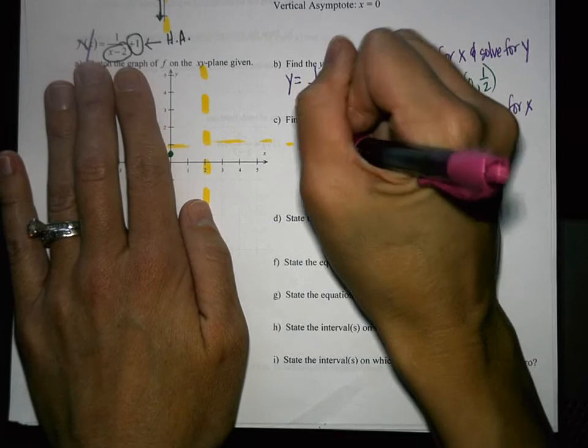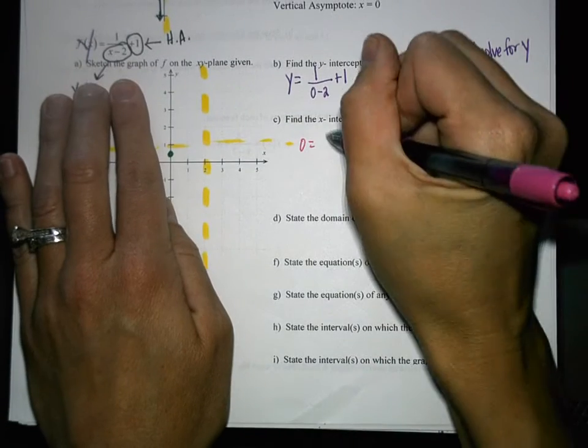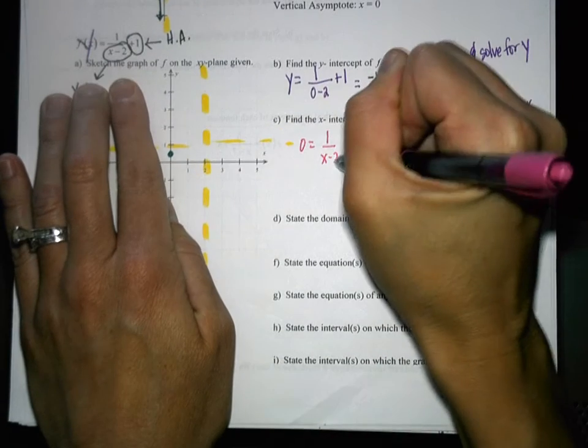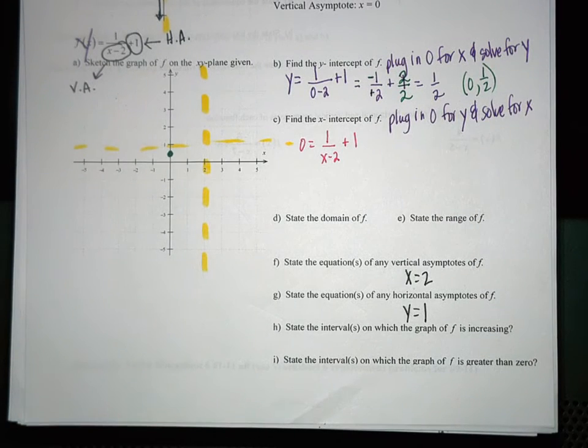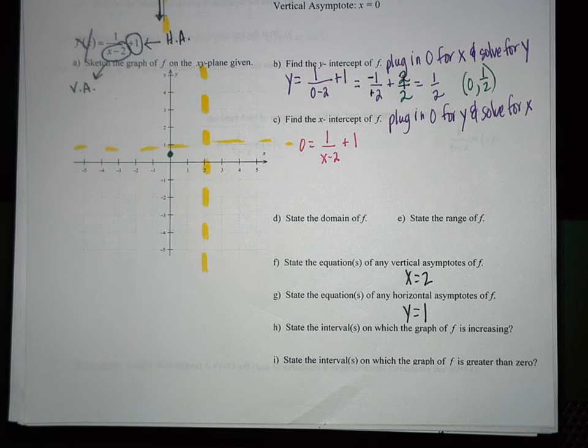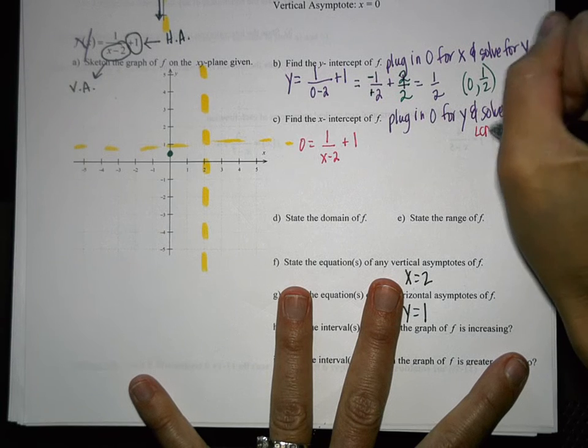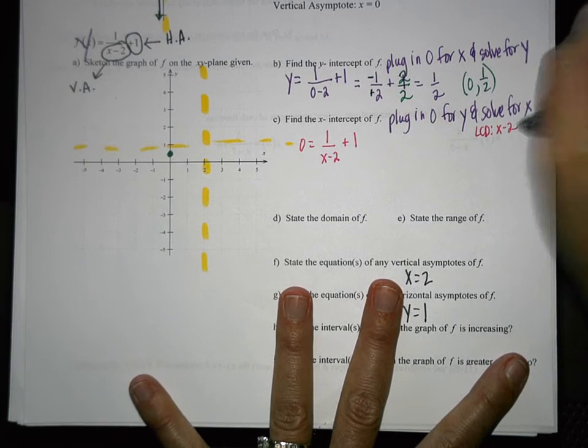Very good. 0 equals 1 over x minus 2, plus 1. Now, just like we've been doing this entire unit, we need to figure out what is our LCD, and because I have an equal sign, I can eliminate my fractions by multiplying by the LCD and solving. What would be my LCD? X minus 2 is correct.